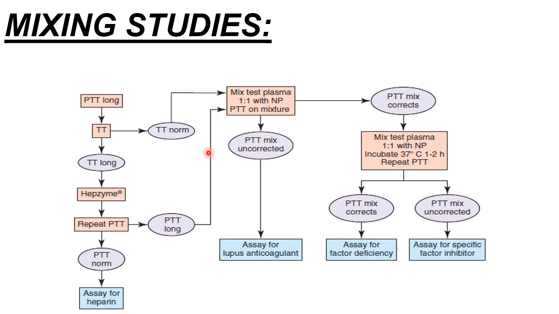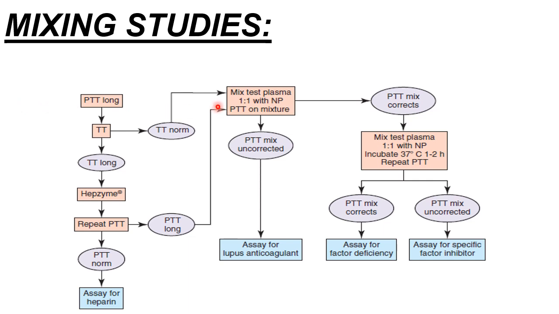And then, kapag ang result is uncorrected, hindi na-correct ng normal plasma, ibig sabihin, mataas ang chance na meron siyang lupus anticoagulant, which is one of the antibodies of your APAS. So, kapag APAS, PTT is prolonged, thrombin time is normal, pero kapag na-mix na siya with normal plasma, uncorrected pa rin ang PTT or prolonged pa rin ang PTT. Okay? APAS yan.